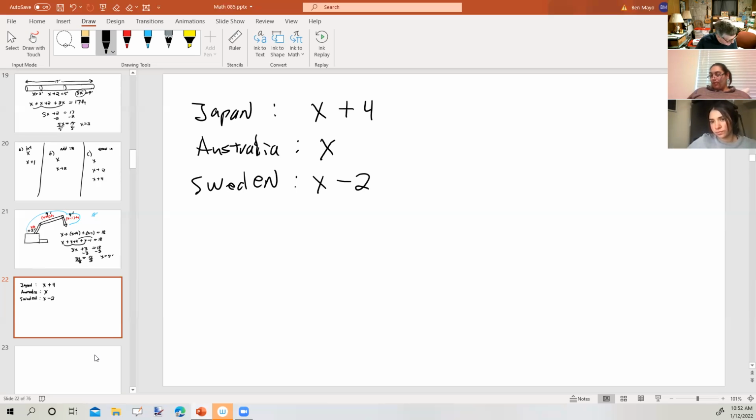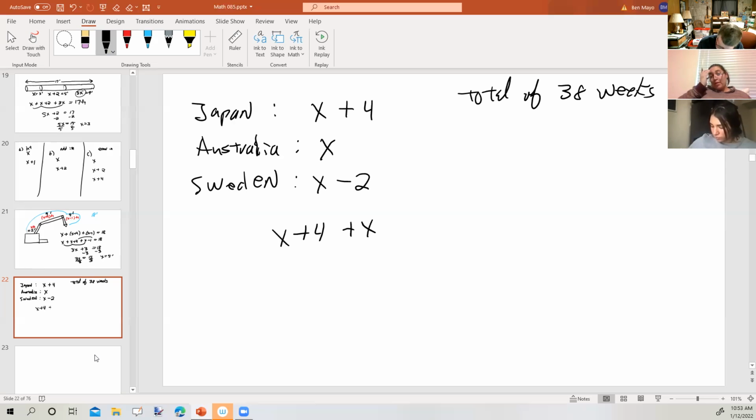The beginning of the problem said the rock group plans to travel for a total of 38 weeks. So total of 38 weeks. So our equation becomes X plus 4 plus X minus 2 equals a total of 38 weeks.